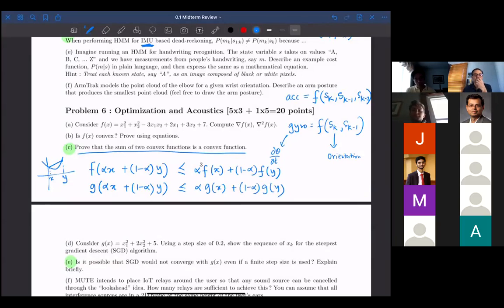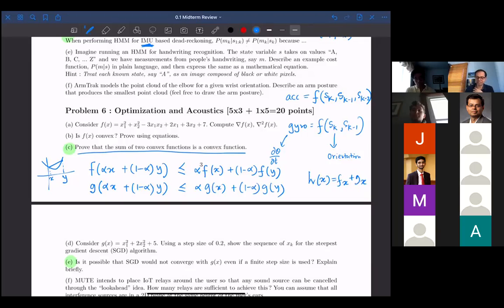Now you have to show that if you take the sum of two convex functions, imagine h of x equals f of x plus g of x.